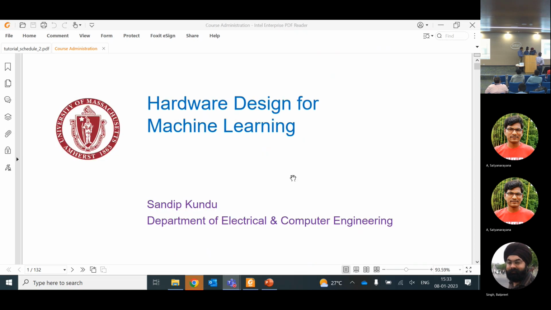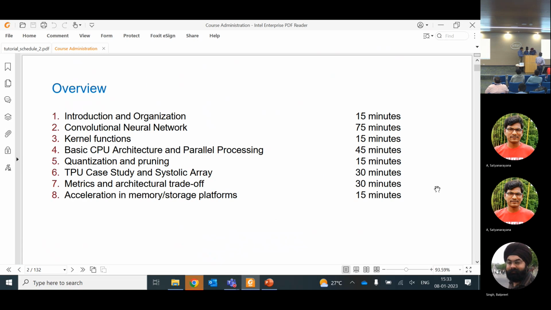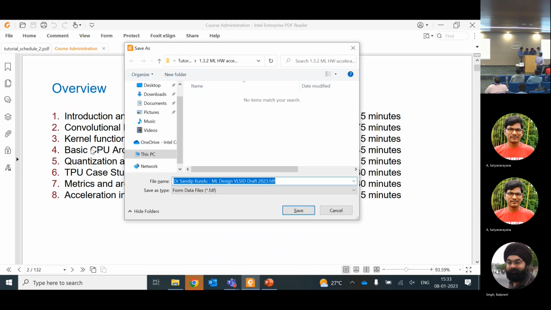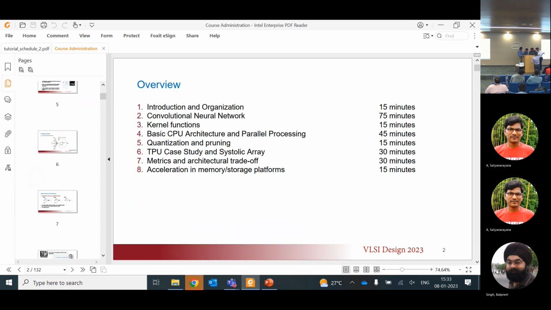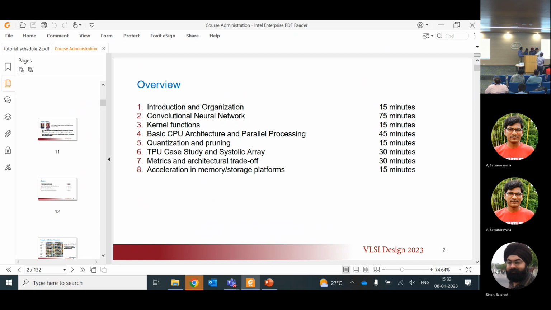The F5 key will do it. Function 5. Where were you? Page number 45. For PDF, it will not. Oh, this PDF? Control L. Oh, this is not Acrobat. 45.